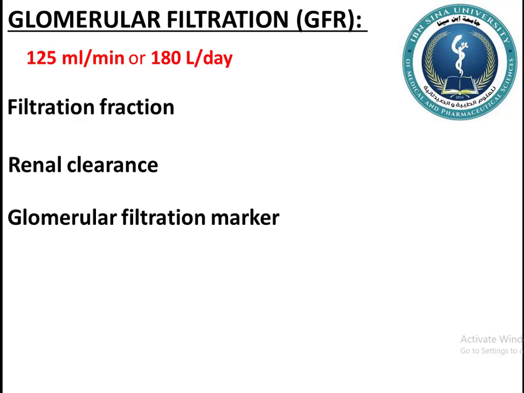It should not harm the body, not be toxic. The most important substance used scientifically is inulin, but it is an external substance used by injection, so it is not widely used clinically. The most widely used for calculating the glomerular filtration rate is creatinine.